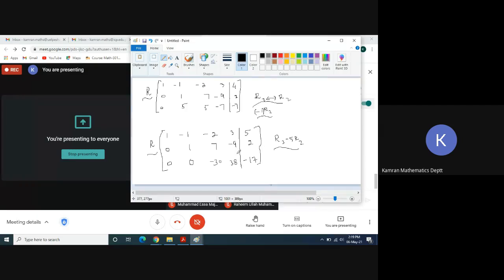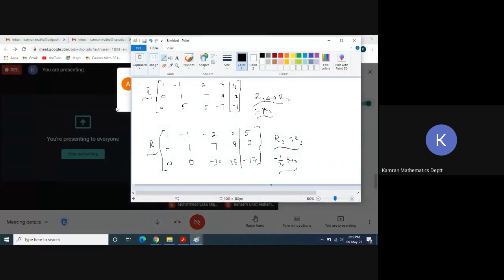Now for echelon form, this entry must be equal to 1. So in the next step, we have to multiply row 3 with minus 1 over 30, but I will multiply it here.